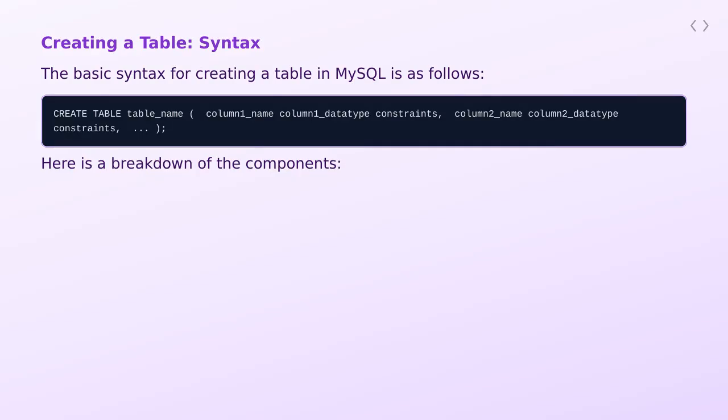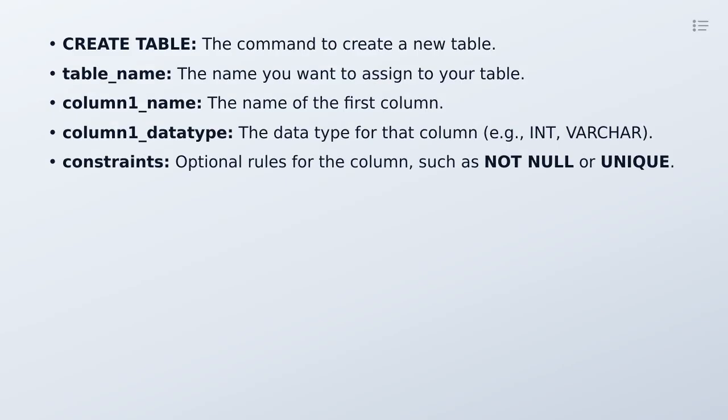Let's move on to the create table syntax. The basic syntax for creating a table in MySQL is as follows. See the example on this slide. Pause if you want to study the details. Here is a breakdown of the components. First, CREATE TABLE, the command to create a new table.